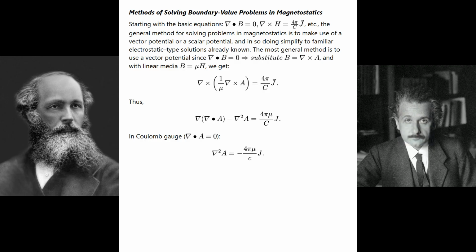The most general method is to use a vector potential since gradient dot B equals 0 implies B equals gradient cross A, and with linear media B equals mu H, we get the equation shown. Thus, the equation shown.